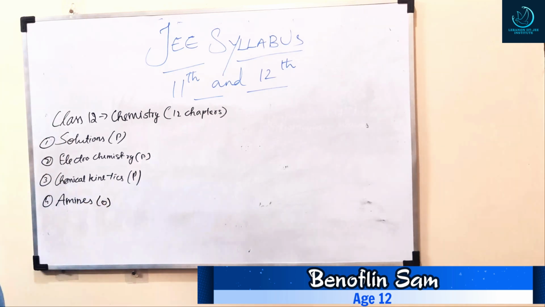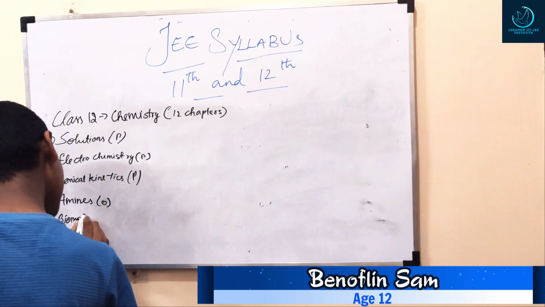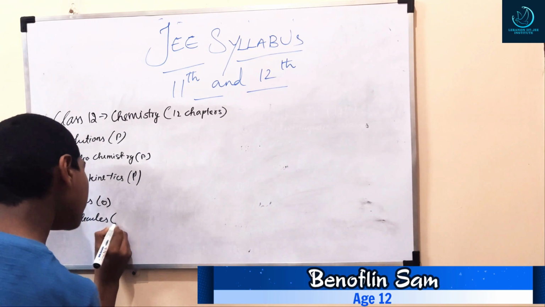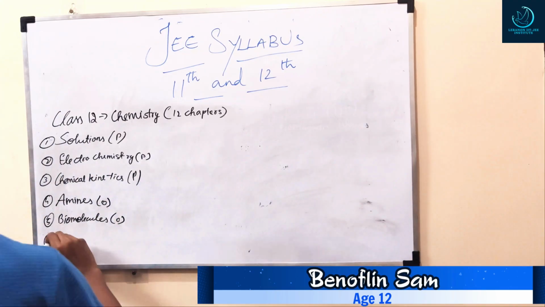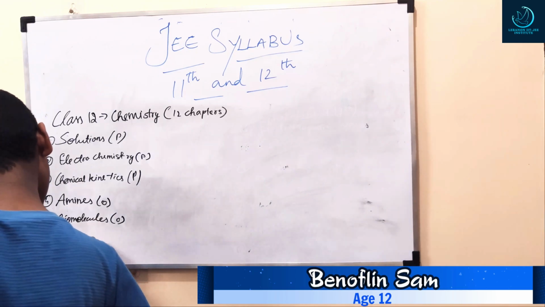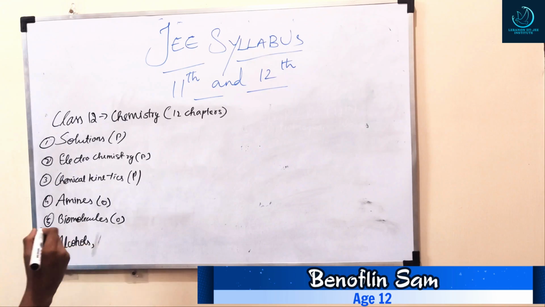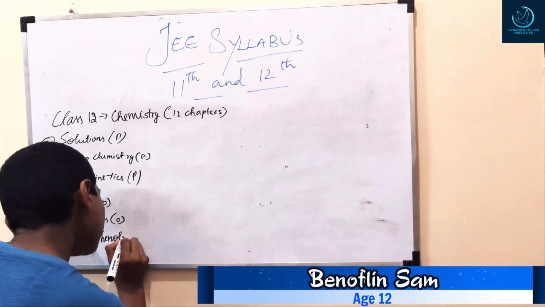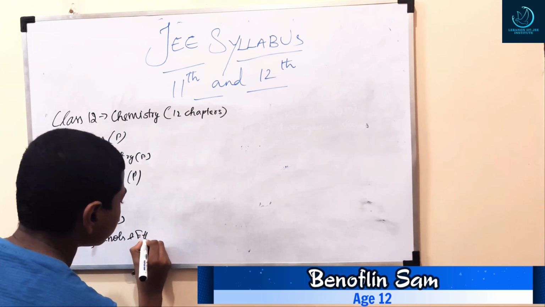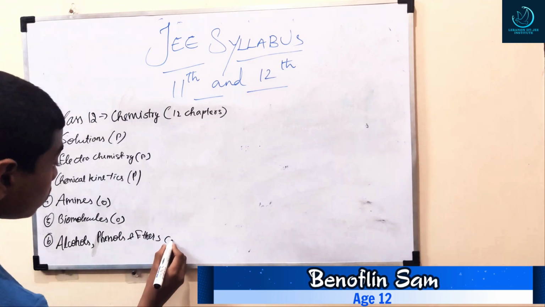Amines is organic chemistry. Fifth one is biomolecules, and also organic chemistry. Sixth one is alcohols, phenols and ethers. That also is organic chemistry.